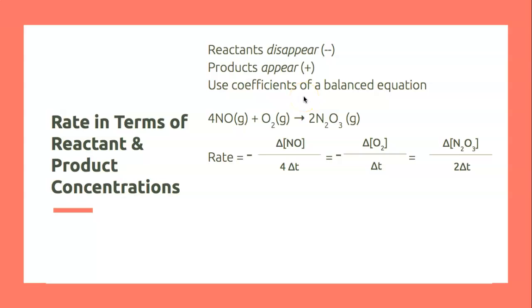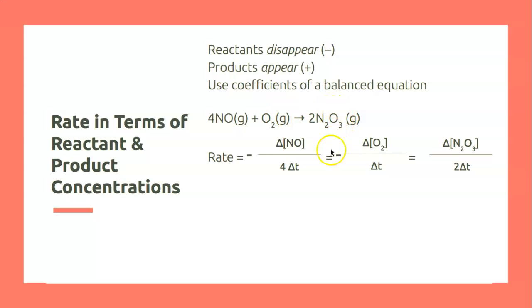Oftentimes, it is good to define all of your reactants and products in terms of one specific one, and it can be very useful to look for a product or reactant that does not have a coefficient. In this example, I've gotten ahead of myself, and I do apologize, we're looking at oxygen. For every 1 oxygen that's used up, that means we've got 2.